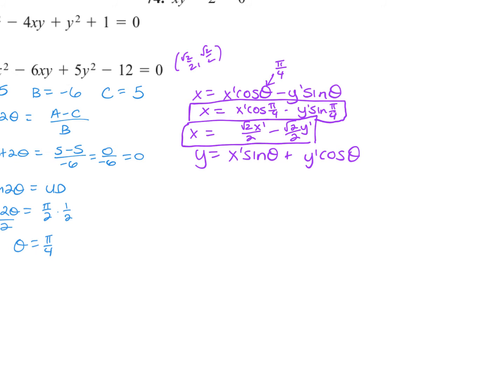So you don't have to write it all out. It eliminates a little bit more of the writing out. Like you don't have to write out cosine, sine, cosine, sine. But you still have to write out the rest of it, but it helps. And then y equals x prime sine of pi over 4 plus y prime cosine of pi over 4, or y equals root 2 over 2 x prime plus root 2 over 2 y prime.